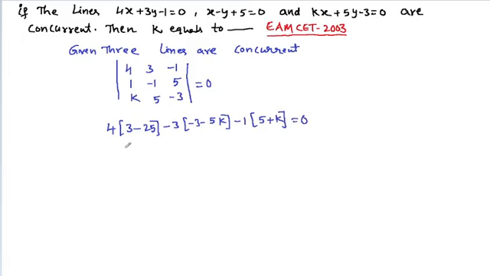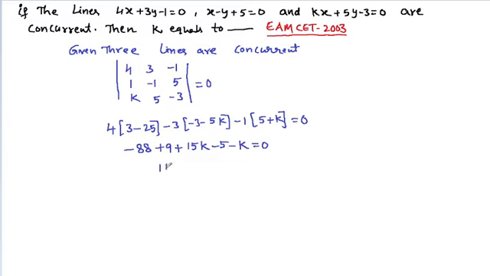That is 4 into (3 minus 25), that is minus 22, that is minus 4 into 22, minus 88, that is plus 9, plus 5 into 3, 15k, minus 5, minus k is equal to 0.